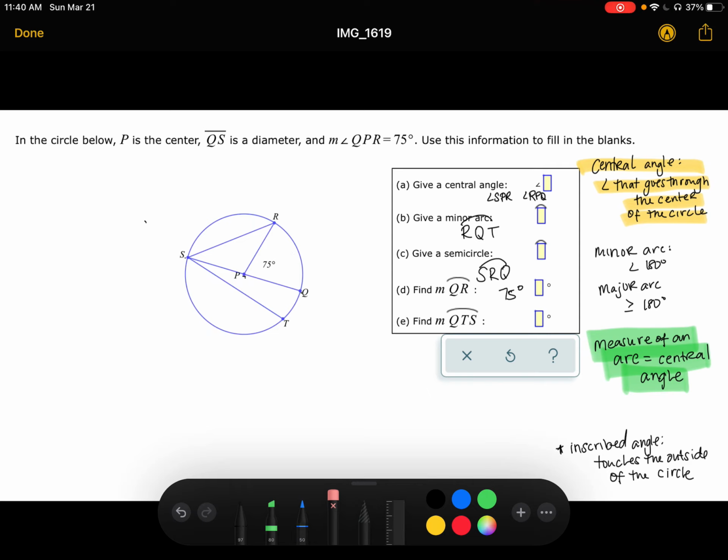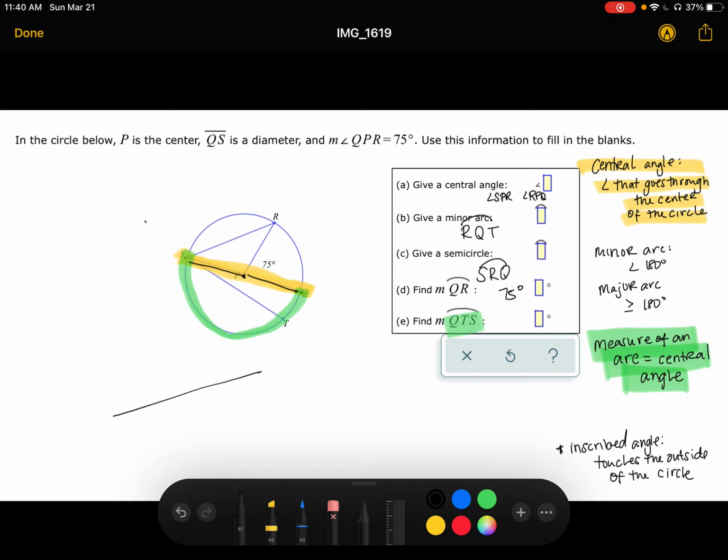Okay. So we're going to do this again with a different one, right? And it's QTS. So Q is my first point, T is my middle, and I keep going, and S. Now we've already identified that this is your halfway mark, that this is your straight line, and technically this is an angle because it goes through the center with 2 points going out.